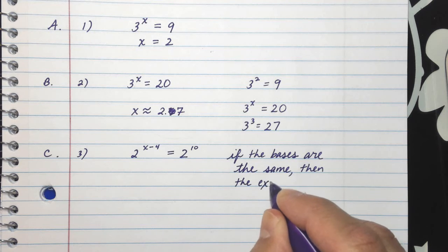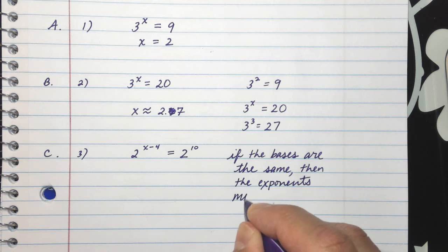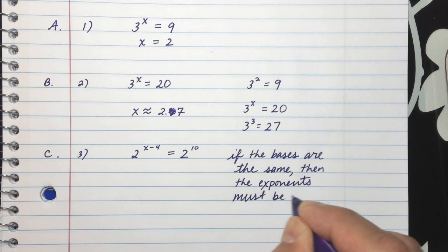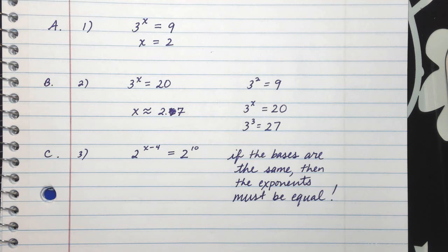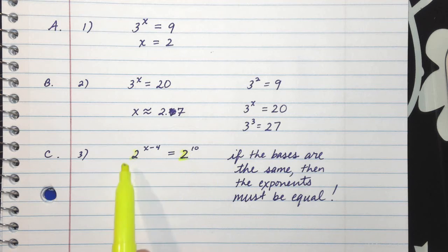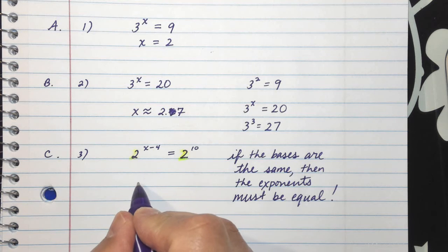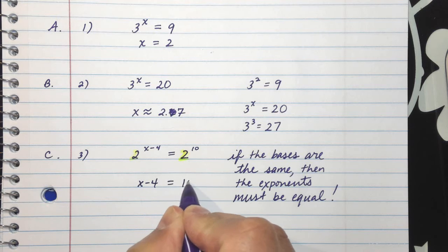The exponents must be equal, equivalent. That's probably some property. It probably has a name for that property. So as long as the bases are the same, and they both have a 2, then the exponents must be equal to each other. So you get x minus 4 equals 10.